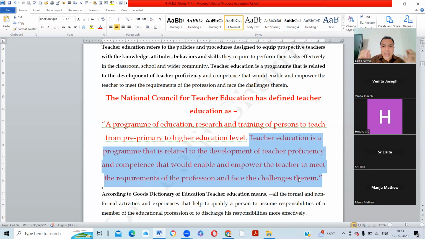Guys, you know what the skill of introducing a lesson says? What is the skill of introducing a lesson? The skill of introducing a lesson says that whenever you go into the class, you don't have to directly name your topic, saying I'm this, and I'm going to teach this topic. This is wrong.